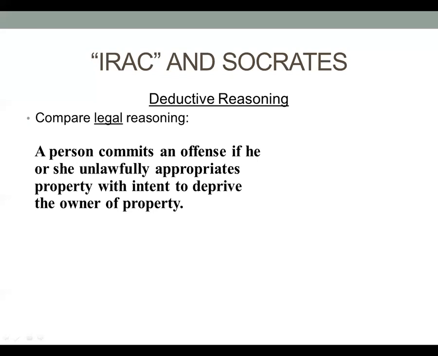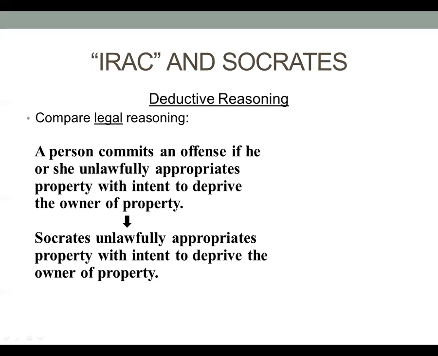So it's a general proposition. A person commits an offense if he or she unlawfully appropriates property with intent to deprive the owner of property. Next statement. Socrates unlawfully appropriates property with intent to deprive the owner of property. Conclusion. Therefore, Socrates commits an offense.